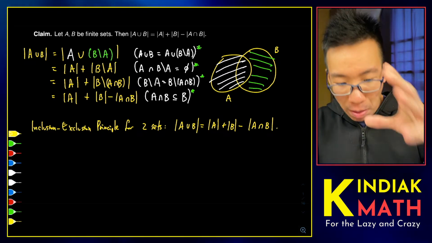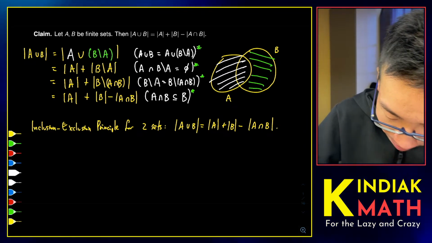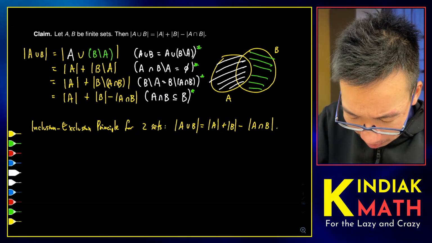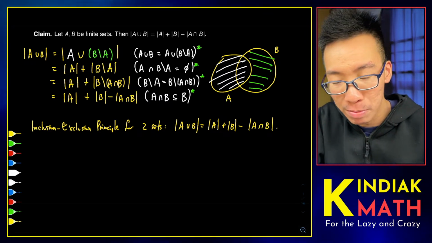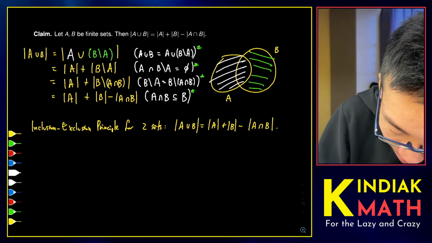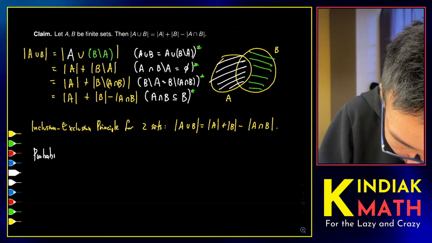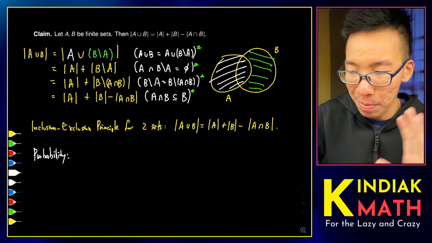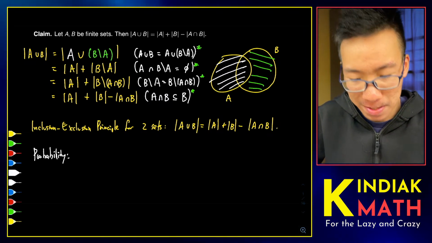If you've done a bit of probability theory before, let me highlight this neat parallel in the notion of probability theory. In probability, you will get a very similar result. In fact, the proof is basically the same.